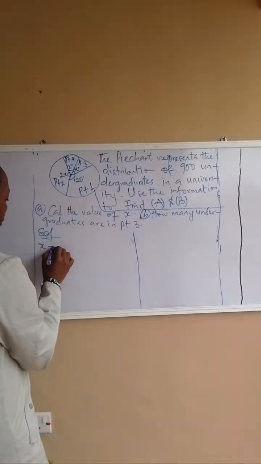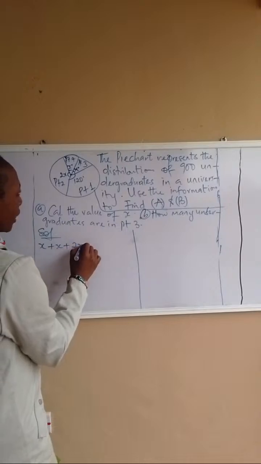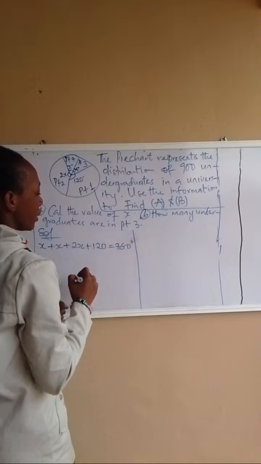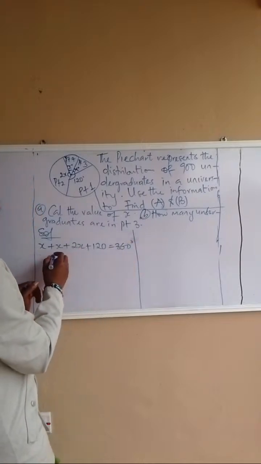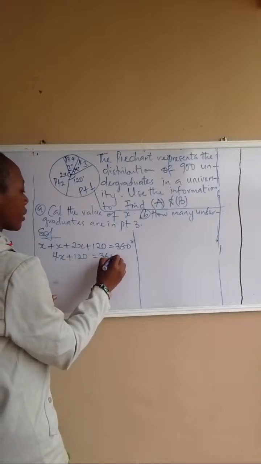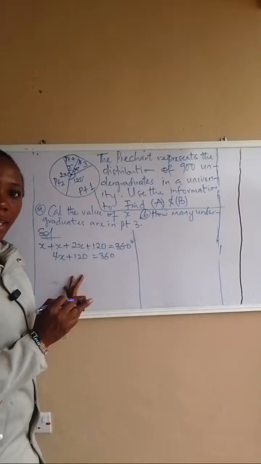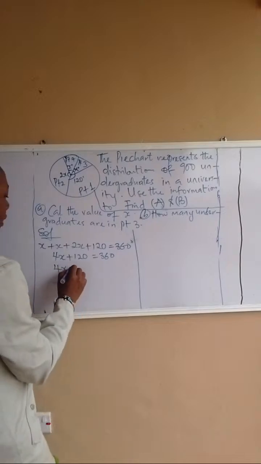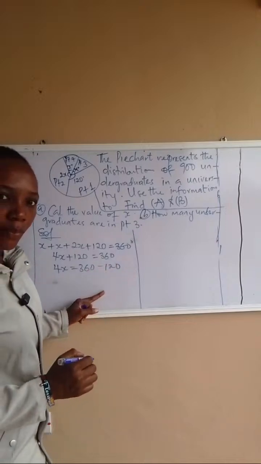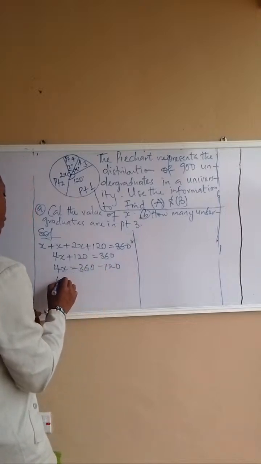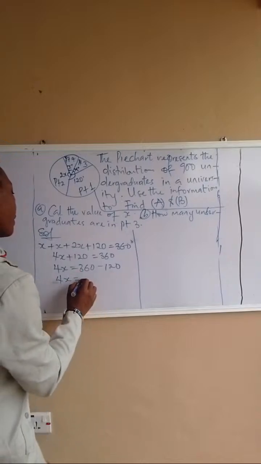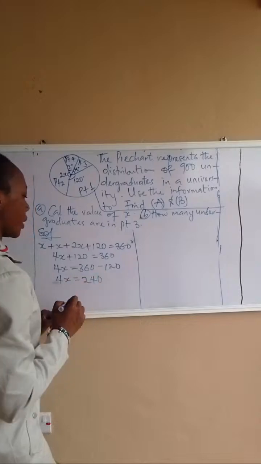So x plus x plus 2x plus 120 equals 360 degrees. When we add this, we have 4x plus 120 equals 360. Collect like terms: 4x equals 360 minus 120, which gives us 240.